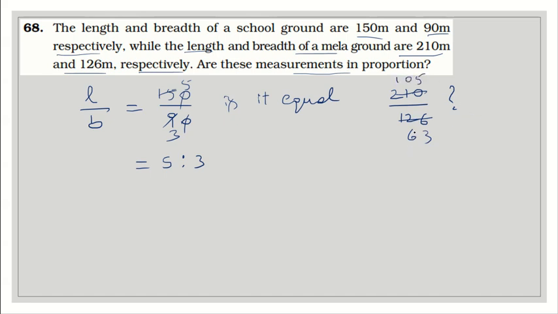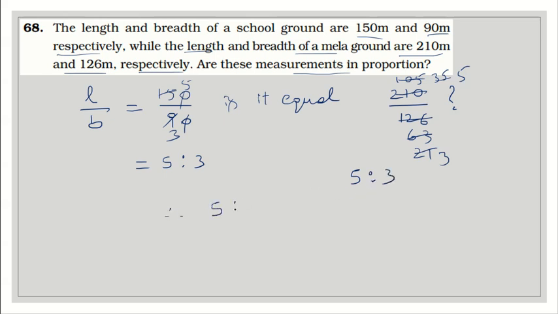Now both of them will cancel with 3 again, 21, 35. Both of them will cancel by 7. 7 3's are 21, 7 5's are 35. So it is also giving 5:3.